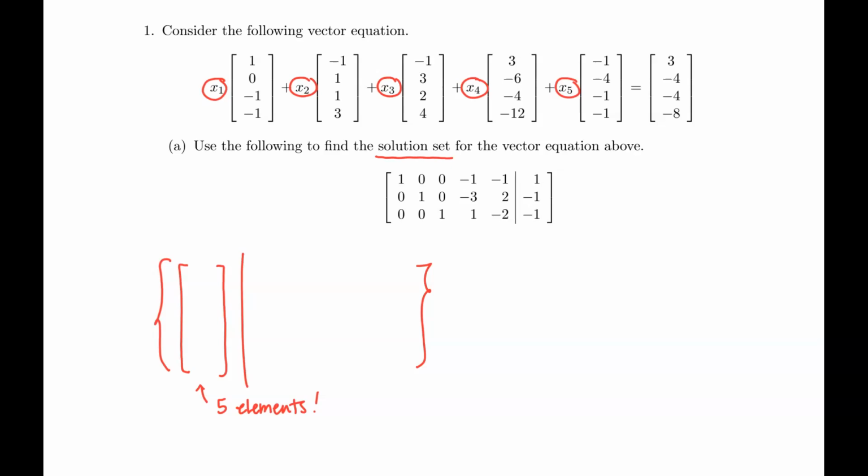Now, if you need to, you work through rewriting this augmented matrix as a system of equations. So we go, okay, x1 minus x4 minus x5 is equal to 1. x2 minus 3x4 plus 2x5 is equal to negative 1. And x3 plus x4 minus 2x5 is equal to negative 1.